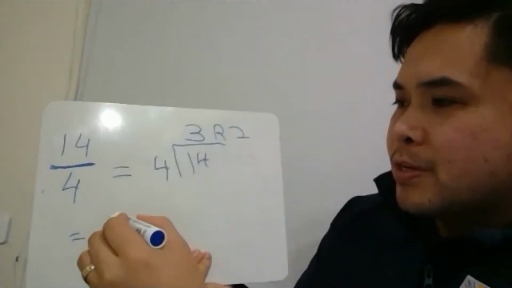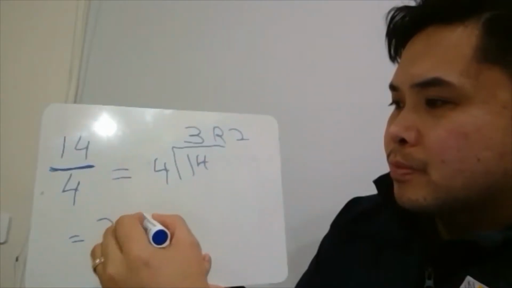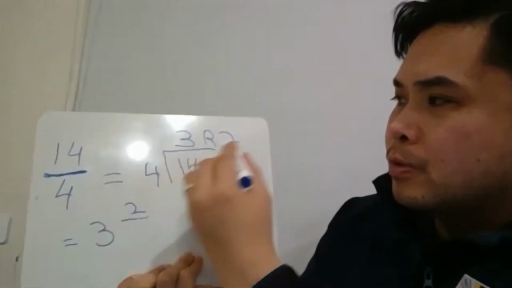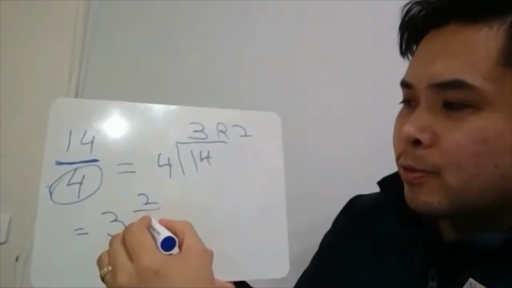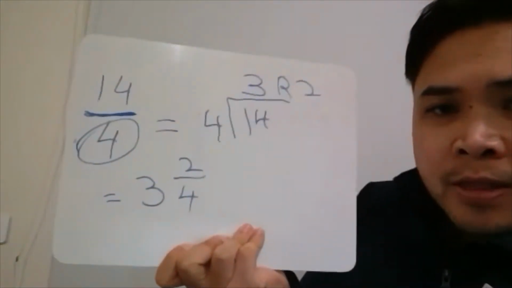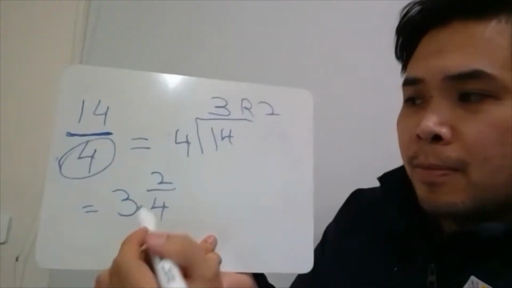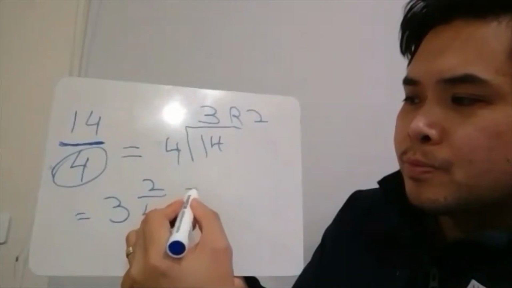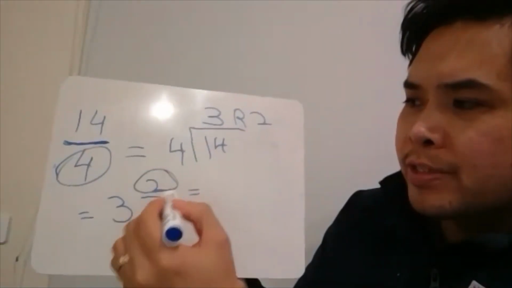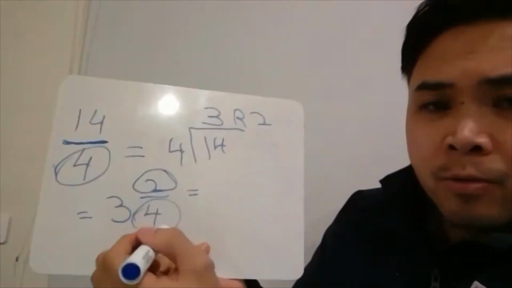The answer would be 3 and 2 remainder, and we remember that the denominator is 4. Okay, that would be the first answer. But look closely, you can simplify this even more. Just looking at the numerator and the denominator, what do they have in common?